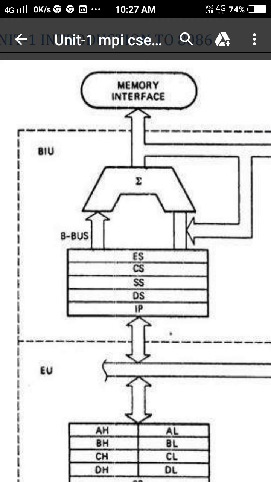The memory is segmented logically, so the starting address of the logical segment is held by these registers. These are 16 bits registers, therefore the segment registers hold the 16 bits segment address. But our physical memory address is of 20 bits.